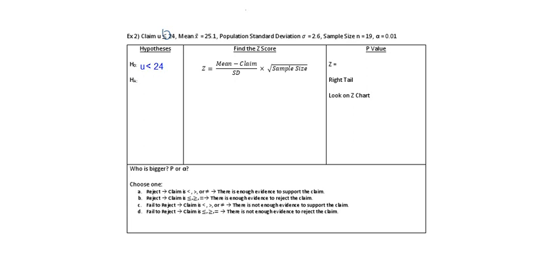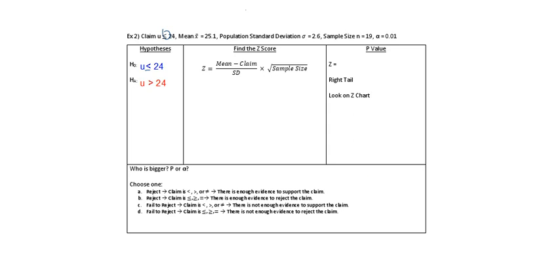I do have to fill in the line. That means by default, our alternate is mu is greater than 24. All right, good.